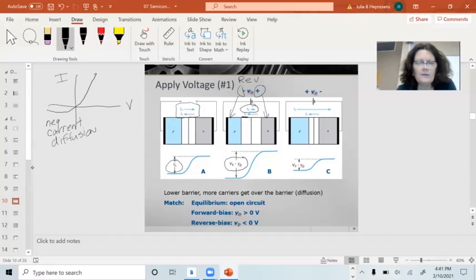When I go into forward bias, I now have a huge drift current, and it's going in the opposite direction of the diffusion current. So now I get a positive current that's basically dominated by drift current.